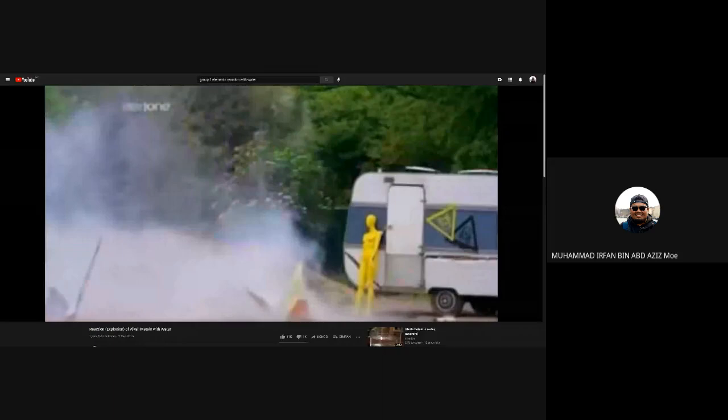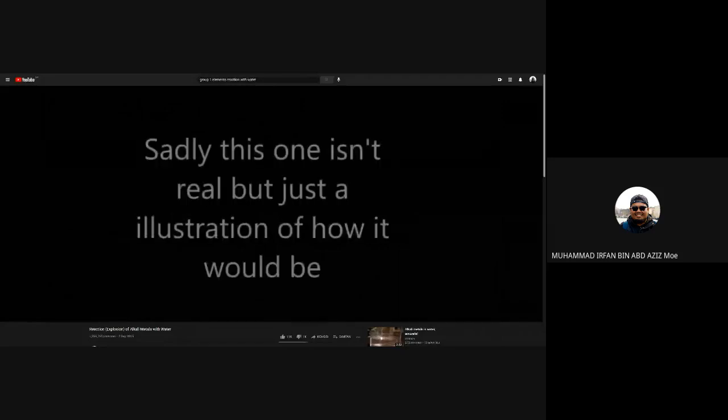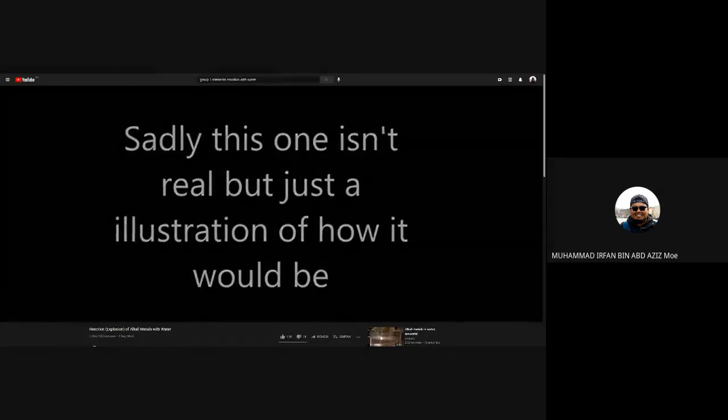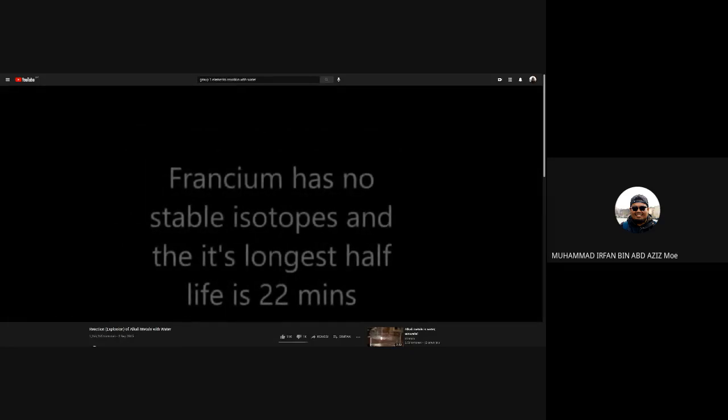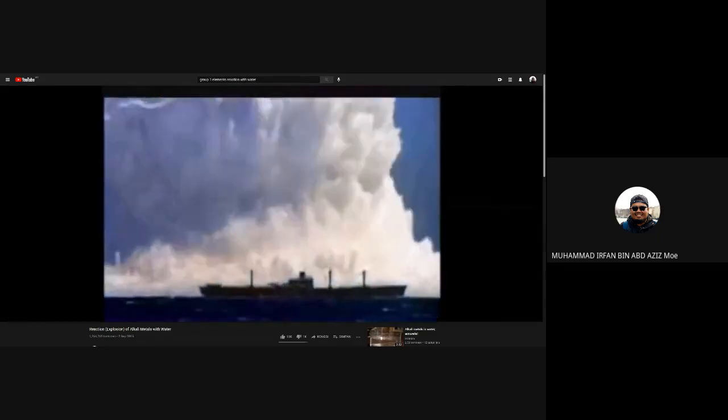Okay, we don't have real francium, but there is an acceleration, because francium's half life is very low, 22 minutes. It is not stable, so we cannot easily find it. So this is basically an illustration only.